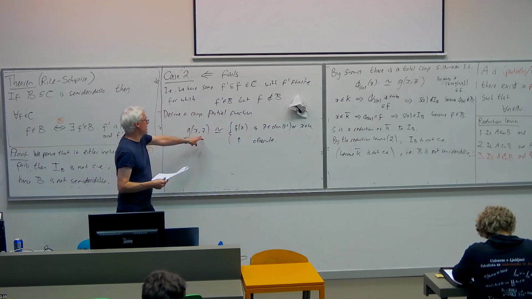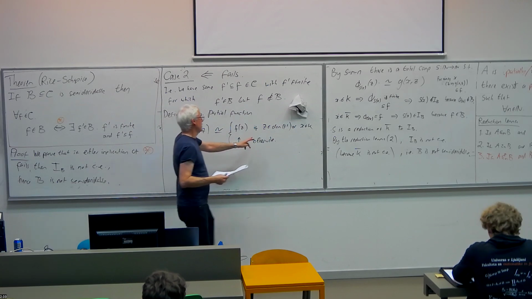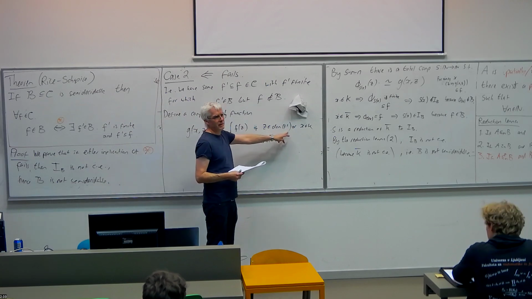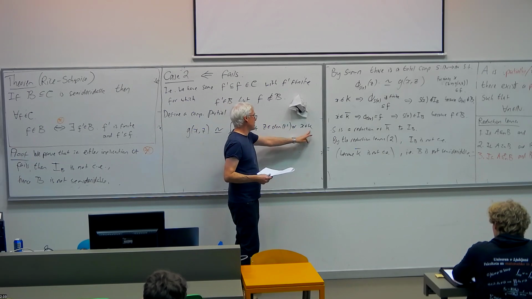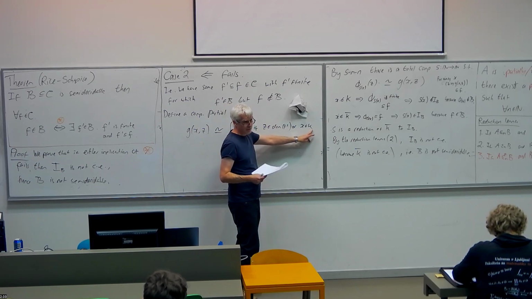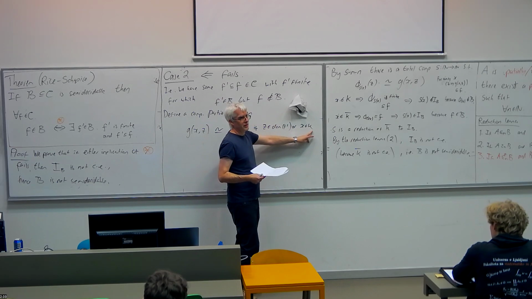So given x and z, how do we check if z belongs to the domain of f prime? Well, we simply apply the computable function f prime to z and wait to see if it terminates. How do we decide if x belongs to K? Well, we've already seen that. You simply run the computable partial function phi of x on the input x and wait to see if it terminates.